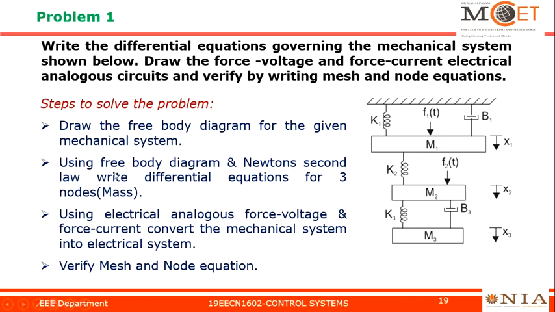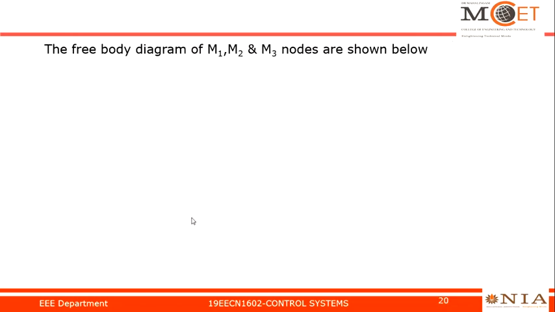So draw the free body diagram as usual, and from the free body diagram apply the force balance equation for all the nodes, all the free body diagrams, and then convert that into electrical analogies, that is force voltage, force current, and verify mesh and node equations with the differential equations.